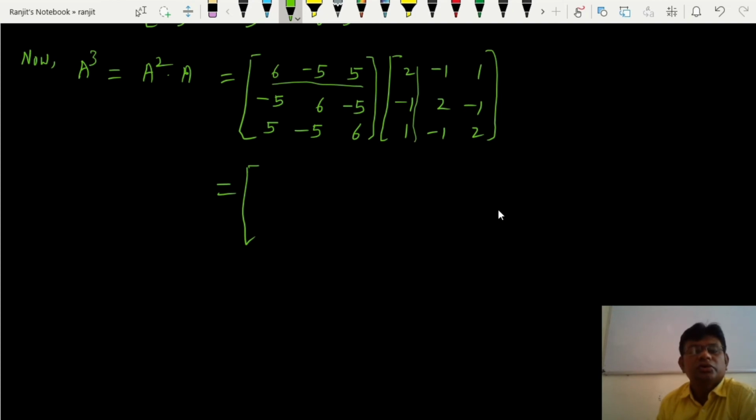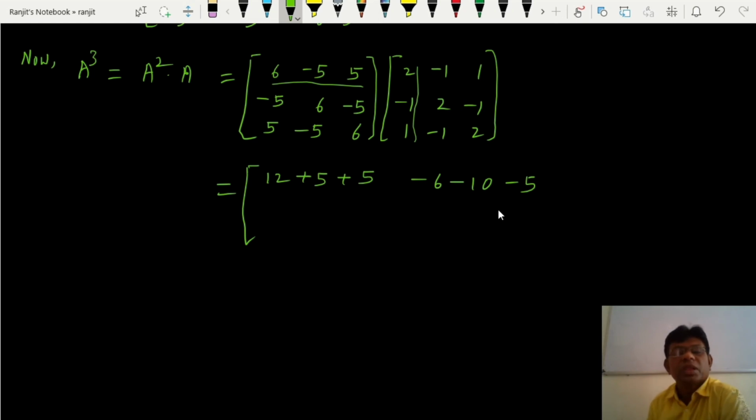This is equal to 6 times 2, 12 plus minus 5 times minus 1 plus 5 plus 5 times 1. Again first row into second column, so minus 6 minus 10 minus 5. Similarly, first row into third column, 6 plus 5 plus 5 times 2, 10.